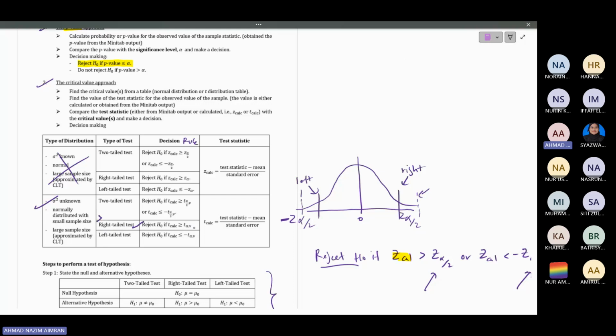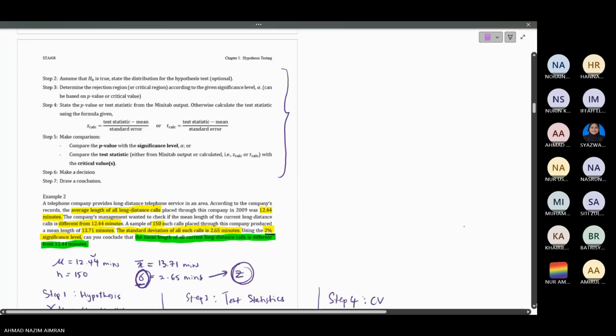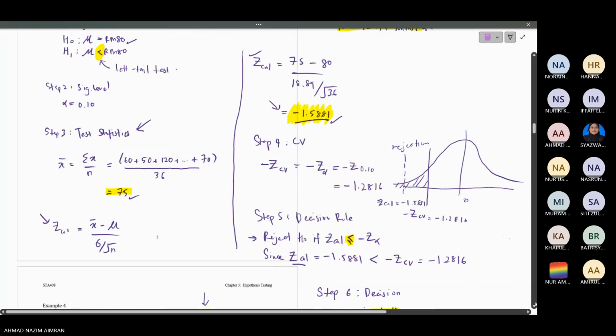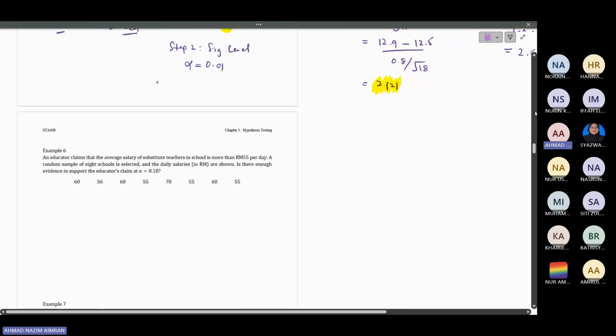So the decision rule is reject the null hypothesis if t calculated is greater than t alpha, the t critical value. So go down here. We are now discussing example number 5.